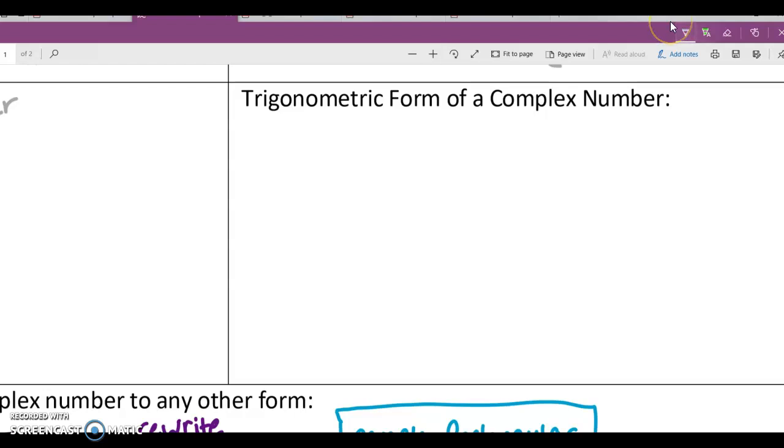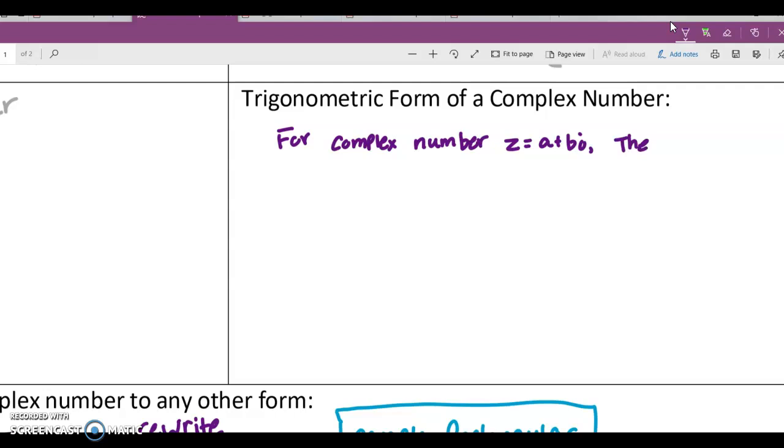So if we have, I'm going to choose a different color, gray is getting boring. For a complex number, z is equal to a plus bi.